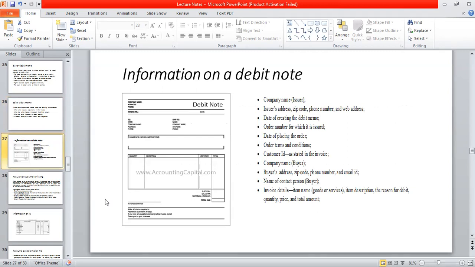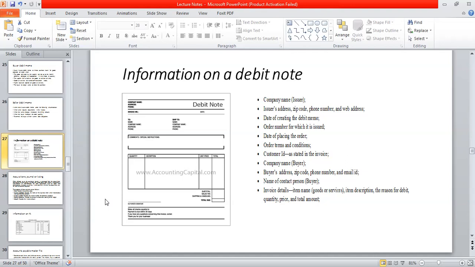So usually the debit note includes, but is not limited to, the following information: the company name, address, phone number, and contact details, date of the debit memo, the order number for which it is issued.